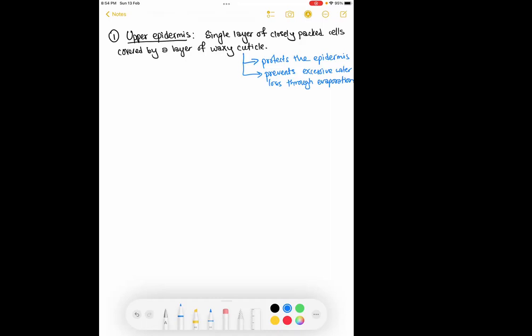Also, another thing to note is that they are transparent to sunlight, okay? So they allow sunlight through, they don't block it.